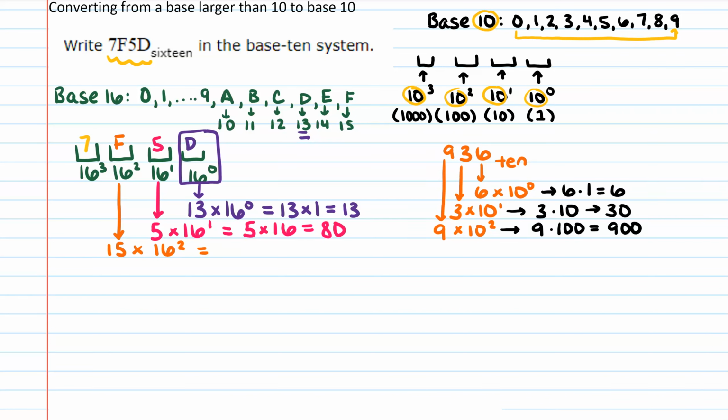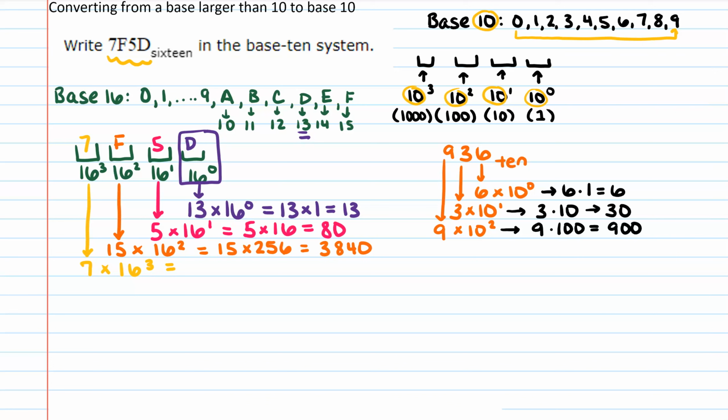But 16 squared is 256, so I need to do 15 times 256, which I'm just going to do in my calculator. That makes 3,840.